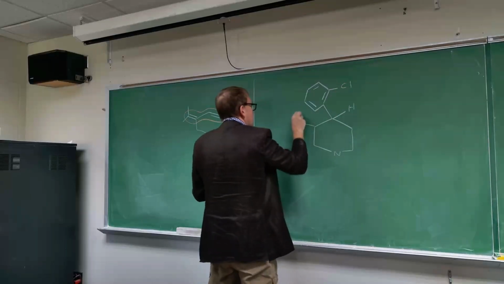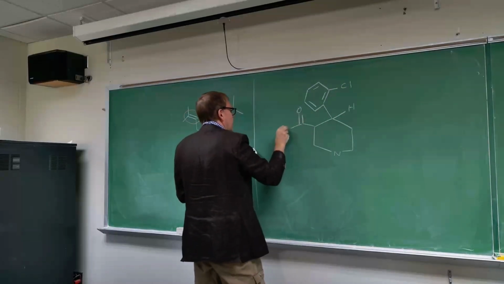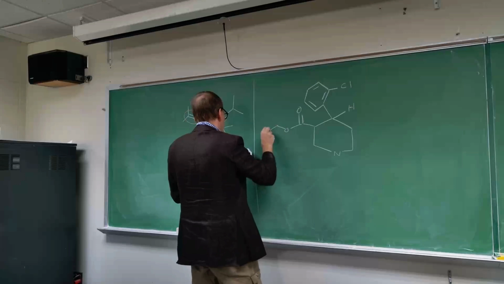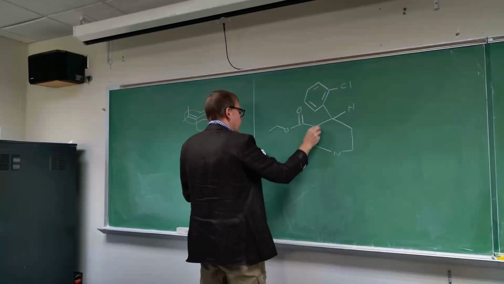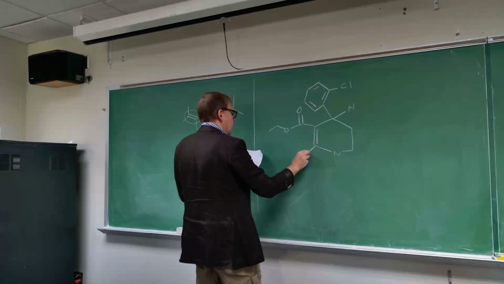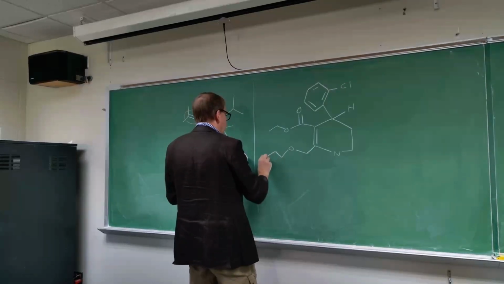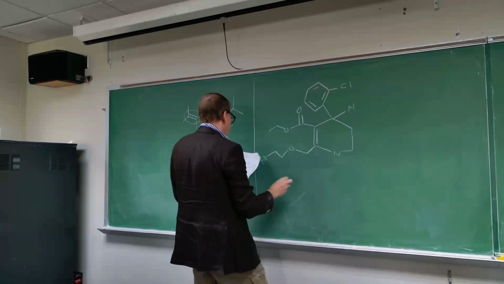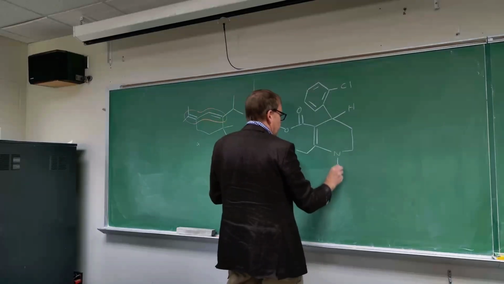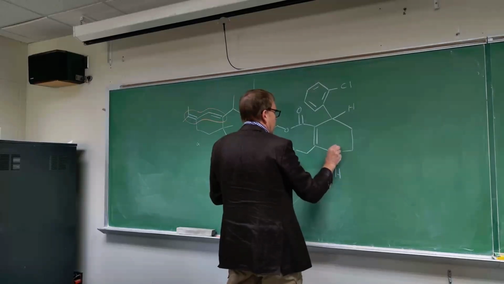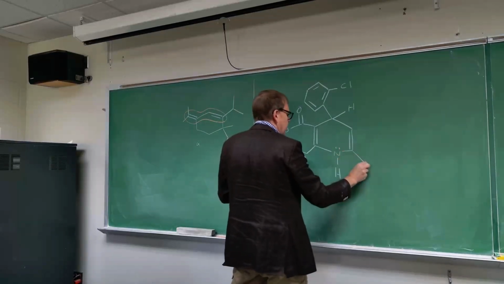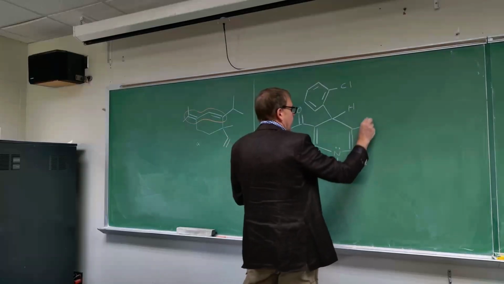And then over here there was an ester with an ethyl group there. And then over here there's a double bond, CH2O with an NH2 over here. And then a nitrogen with a lone pair here, double bond here, methyl, and then an ester over here.